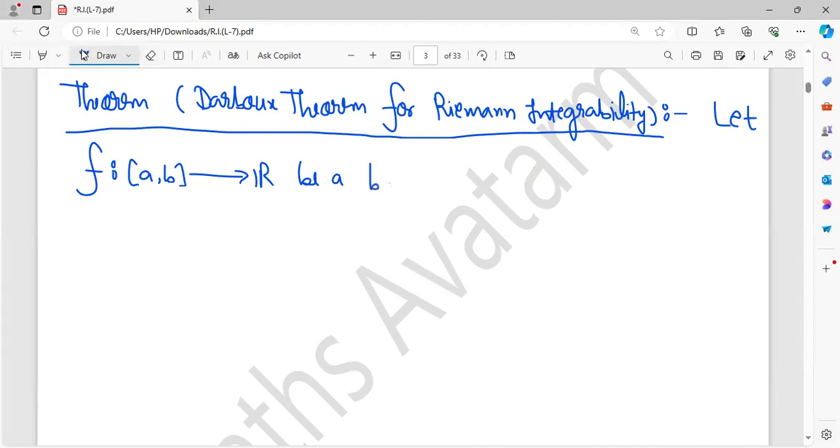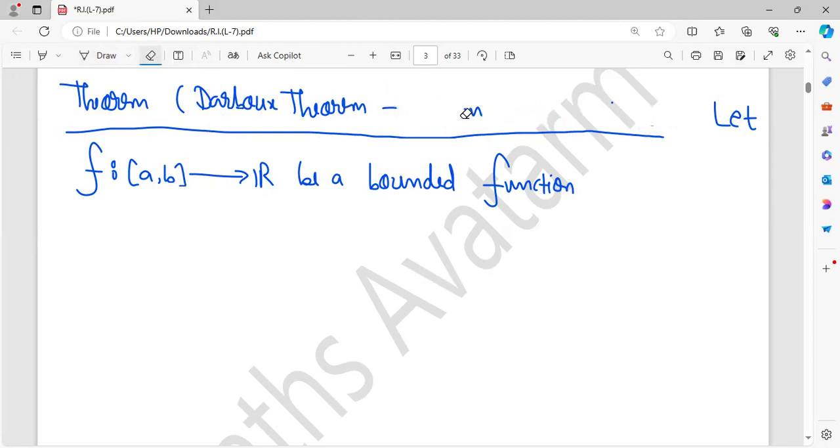The name is just a simple Darboux theorem; do not write Riemann integration here, it is only the Darboux theorem.